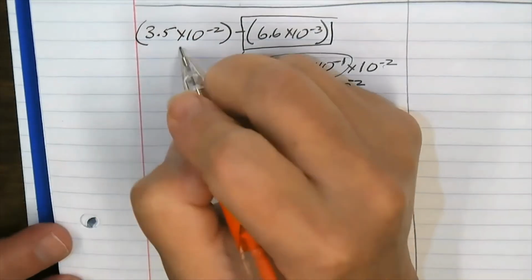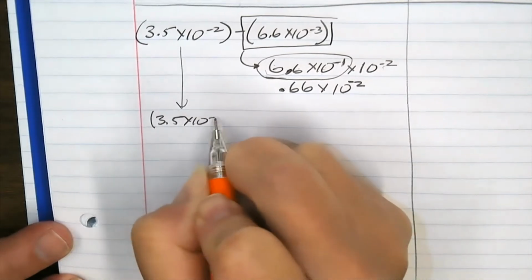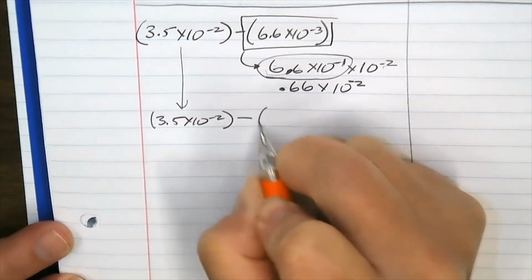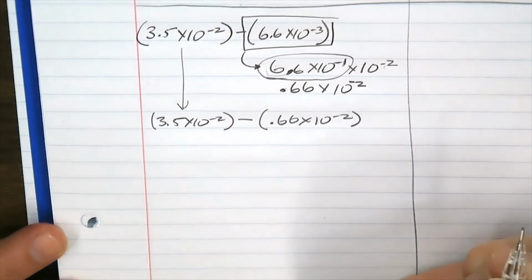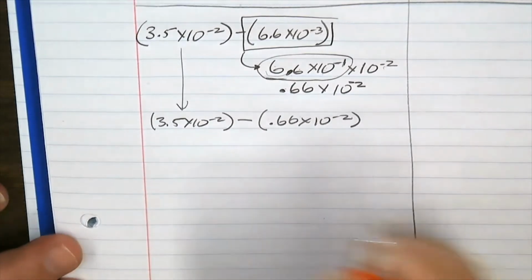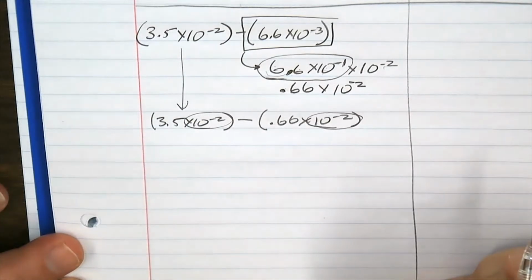So this is going to come straight down. So I've got 3.5 times 10 to the negative 2 minus 0.66 times 10 to the negative 2. Okay, now my powers of 10 are the same.